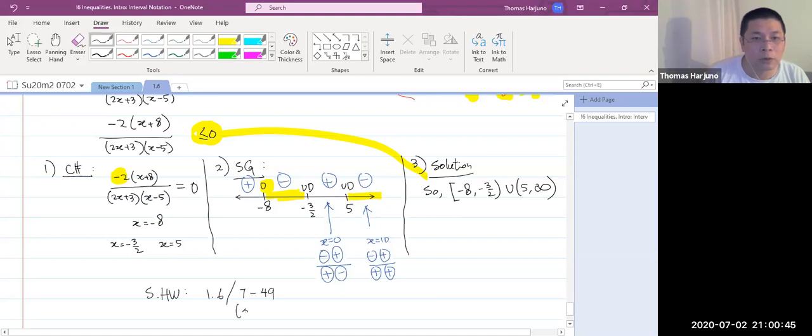But for now you can skip number 17 to number 26. Let's skip those. I think that's for today. Tomorrow I will finish up this 1.6 just a bit more.